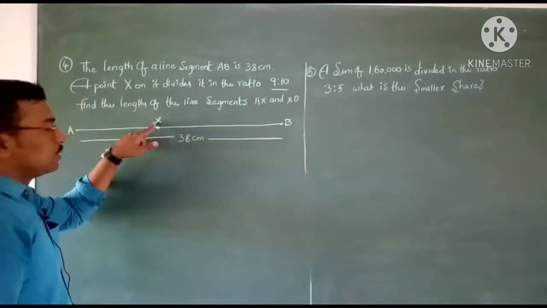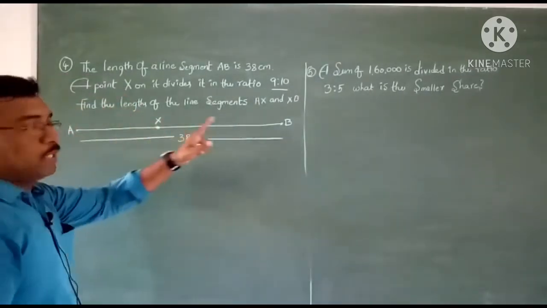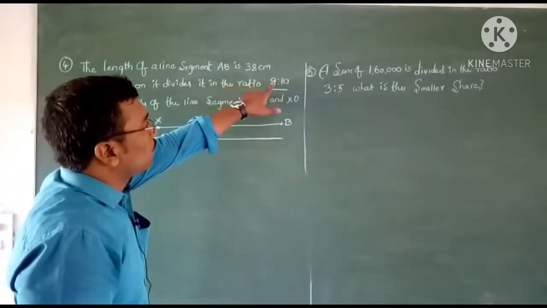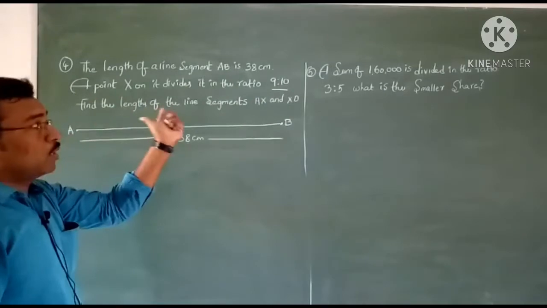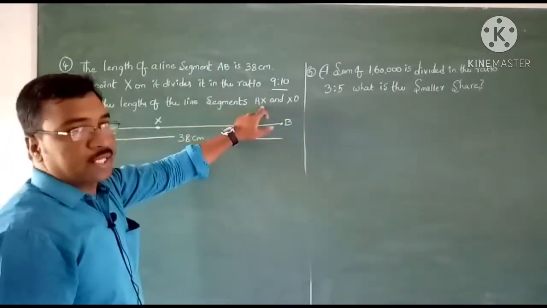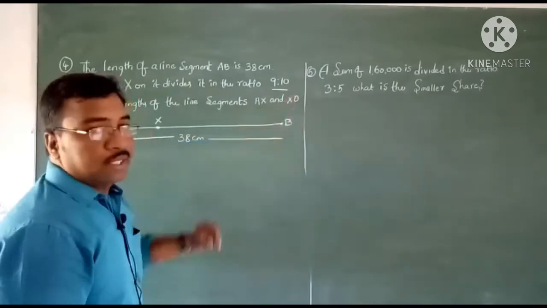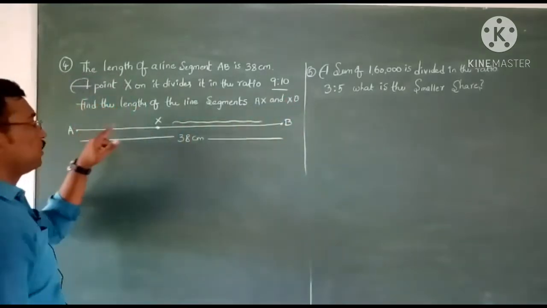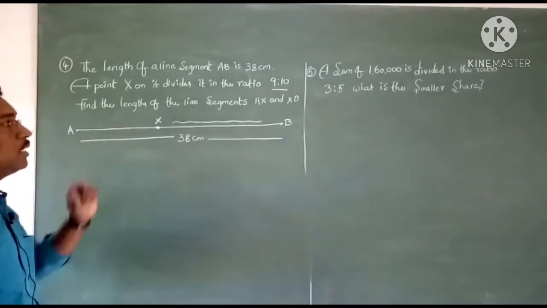This point X divides this line segment AB into 2 parts in the ratio 9:10, that means 9 parts and 10 parts. So now we have to find the length of the line segment AX and the line segment XB. We have to find these lengths by using the ratio.